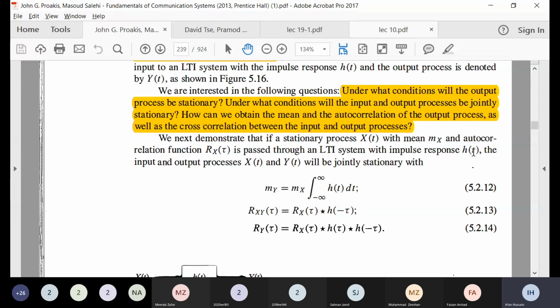We will see after the proofs that the mean of the output will be the mean of the input signal times the sum of the impulse response. The cross correlation between input and output will be the convolution of the autocorrelation of the input with the impulse response, flipped over the tau axis.